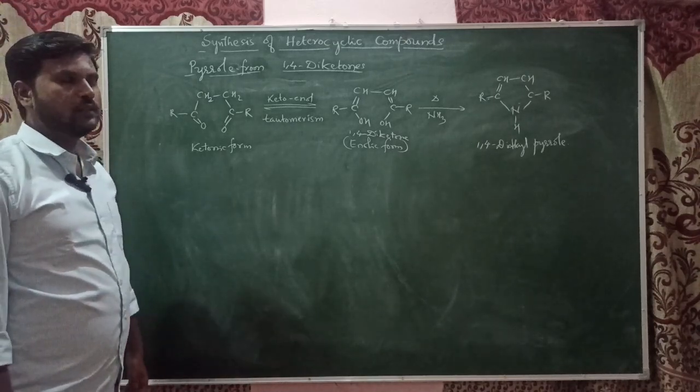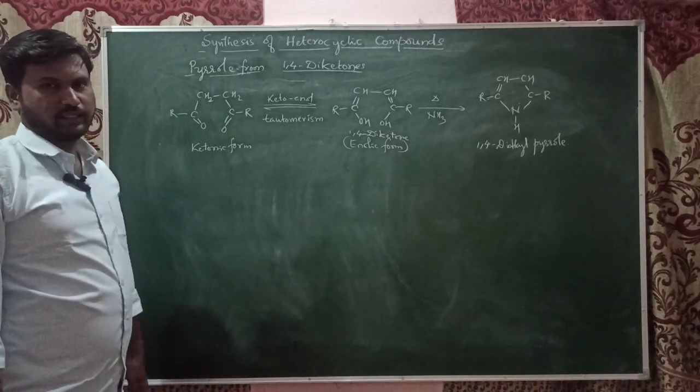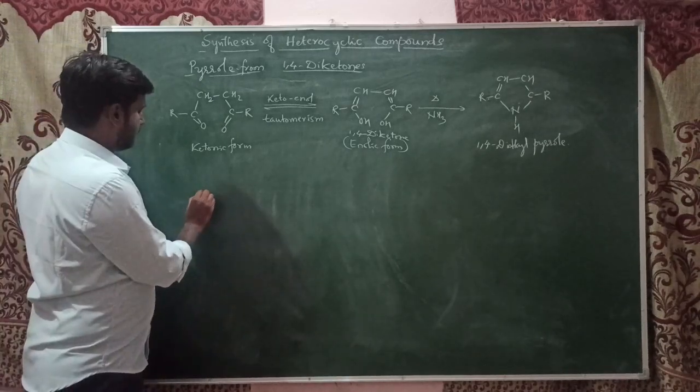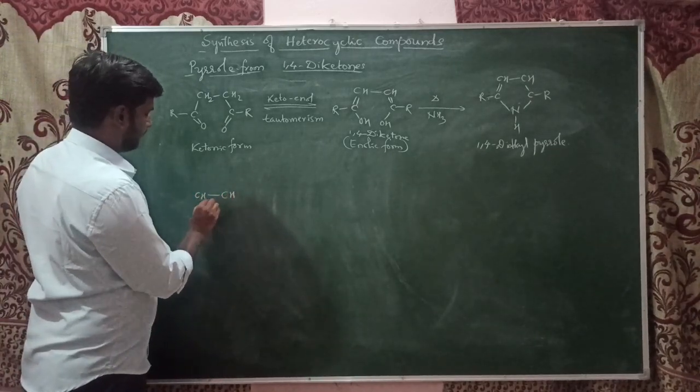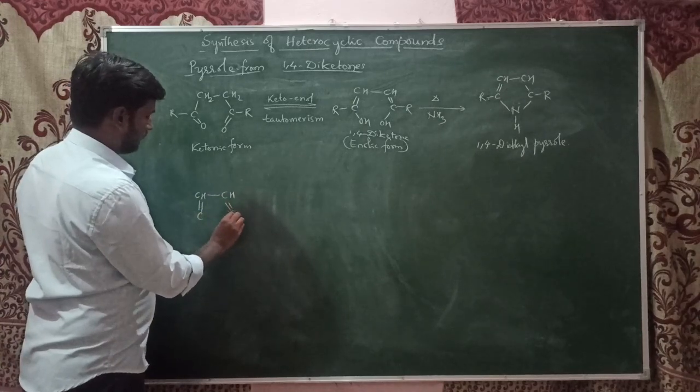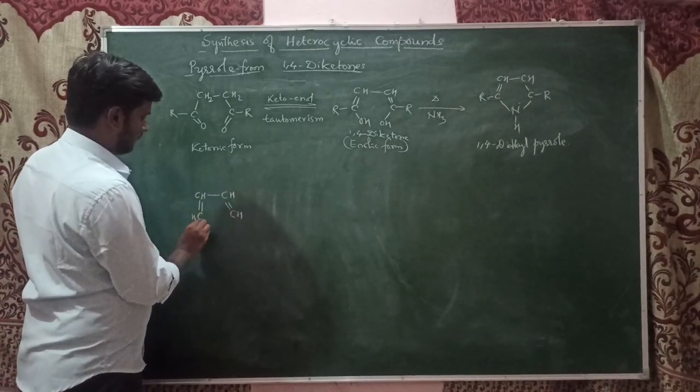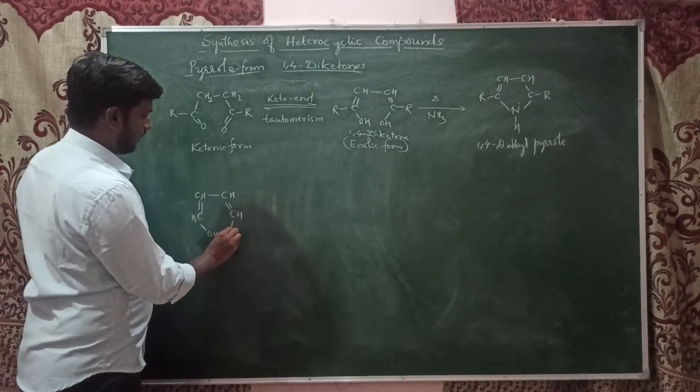If you need to prepare the pure pyrrole compound, we again have to take succinic dialdehyde. This is succinic dialdehyde, in the enolic form.